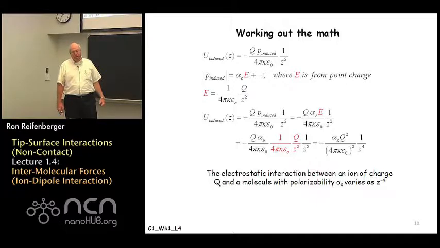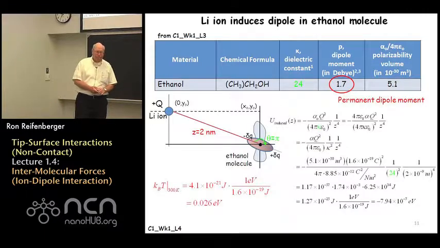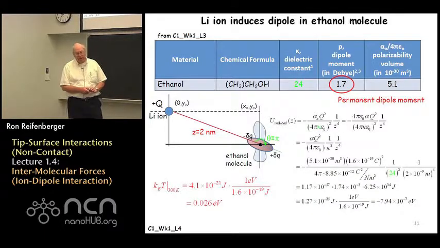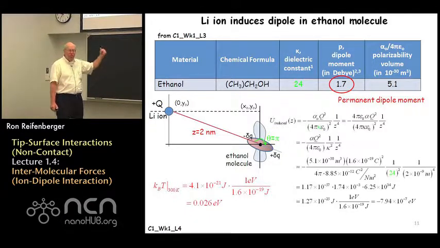It is short range compared to, let's say, an ion interacting with a permanent dipole moment in a nearby molecule. In this particular slide, I wanted to put some numbers in to give you a sense of how big these interaction potential energies could be. I take the case of a lithium ion inducing a dipole moment in an ethanol molecule, as an example.